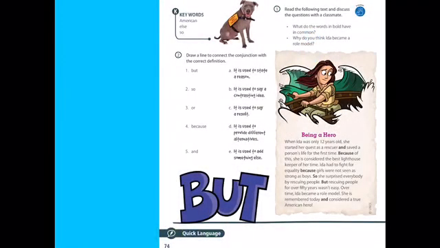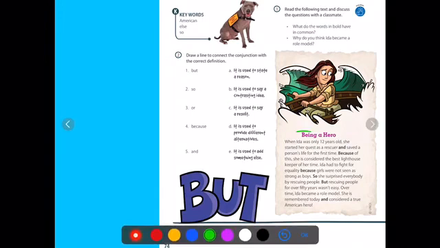Now, read the following text and discuss the questions with a classmate. We're still talking about Ida being a hero, this little 12-year-old girl that rescued people. Okay, now, what do the words involved have in common? And as you guys notice, those words involved are what? Very good.